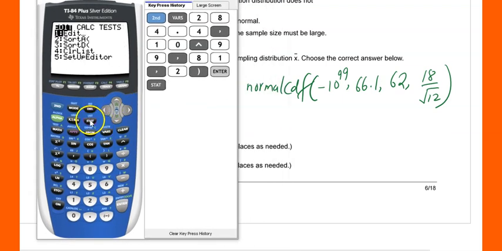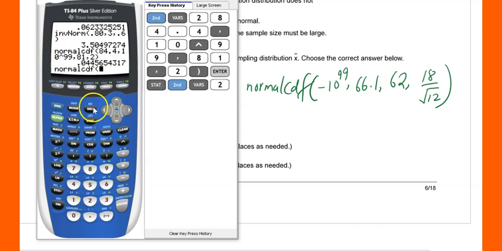Again, you start with second VARS. That's how you find the normal CDF. You press second and VARS, and you do number 2, and you find this number, or type negative 10 to the power 99.